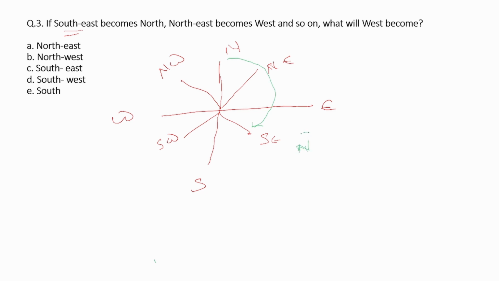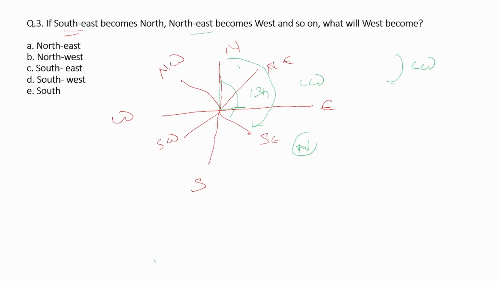This becomes north, means this is how much? This is 90 degree, then 45 degree. So the total angle is 135 degree. This means north direction moved 135 degree in the clockwise direction. 135 degree in a clockwise direction.